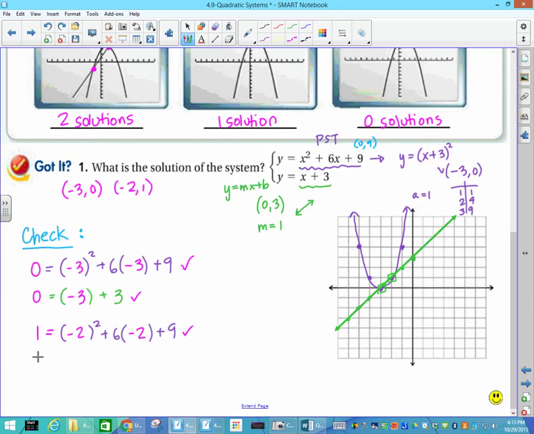So we're good. And then to plug it into the line, 1 equals x plus 3. And again, my x is negative 2 this time. Negative 2 plus 3 is 1. So we're good. So we know that these 2 points are the solution to our system.